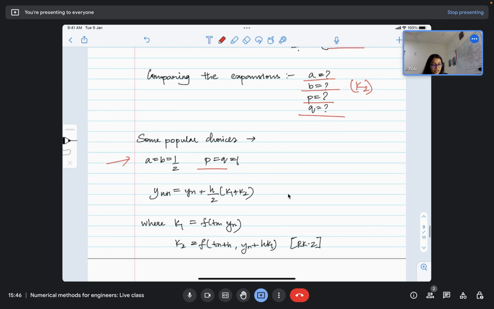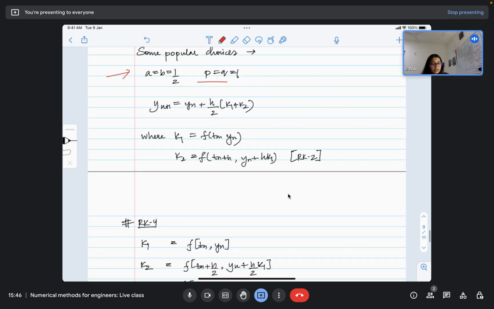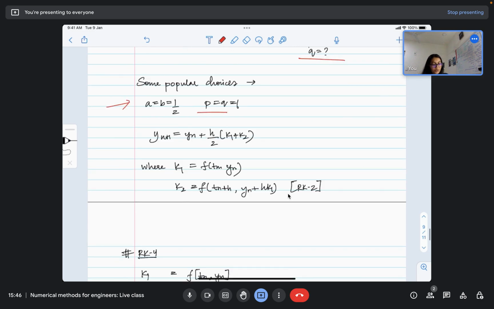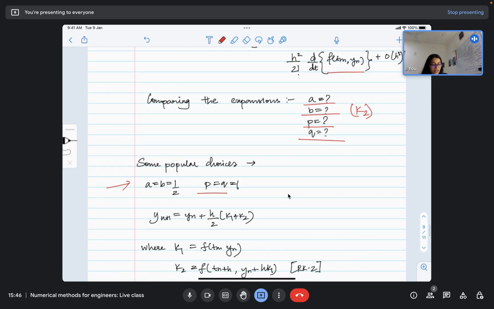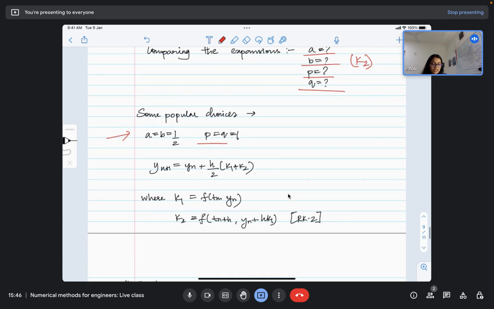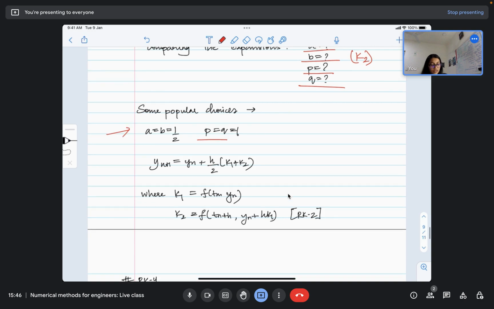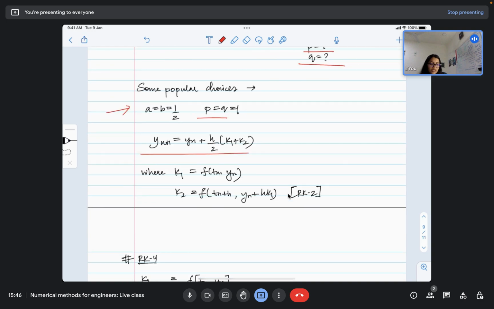So in that case, what you can notice here is that if you replace the values of A, B, P and Q, with A and B as half and P and Q as 1, you will finally come down to this expression where y of n plus 1 is equal to y of n plus h by 2 times k1 plus k2.